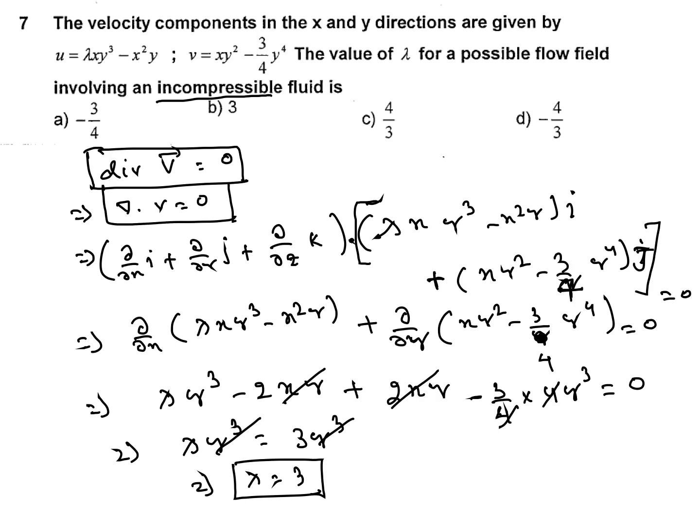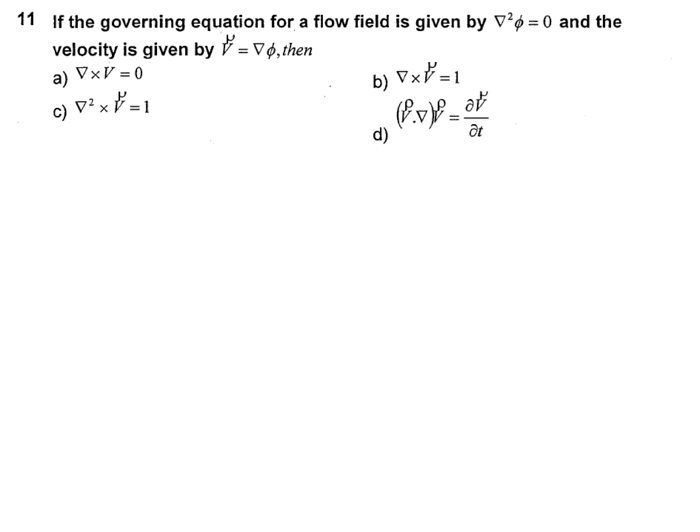If the governing equation for a flow field is given by del squared phi equal to 0 and the velocity is given by V equal to del phi, we know del squared phi equal to 0 is the Laplace equation.